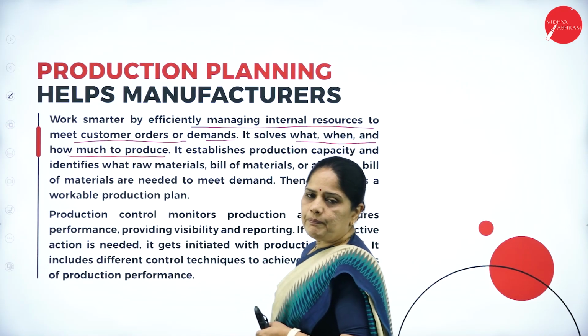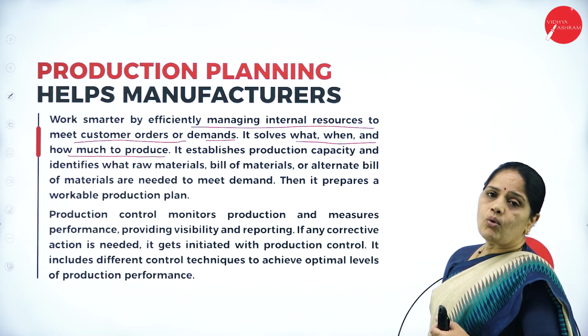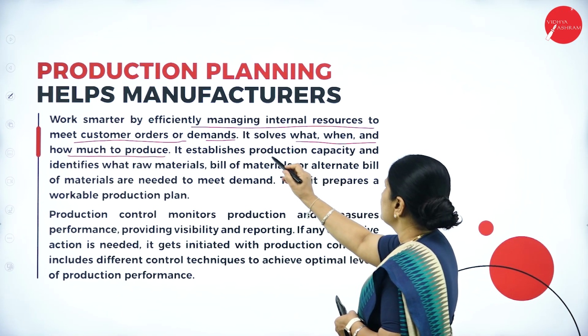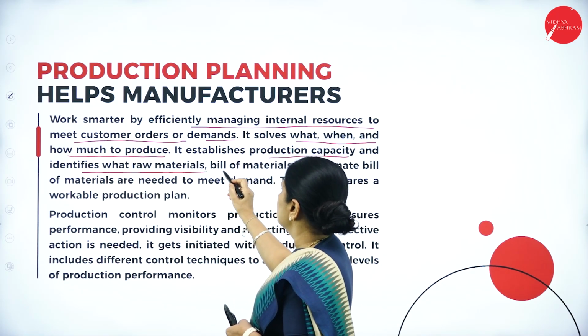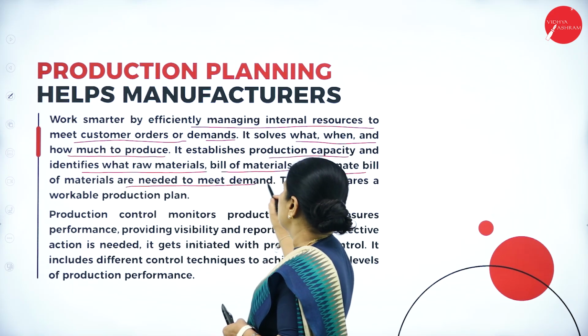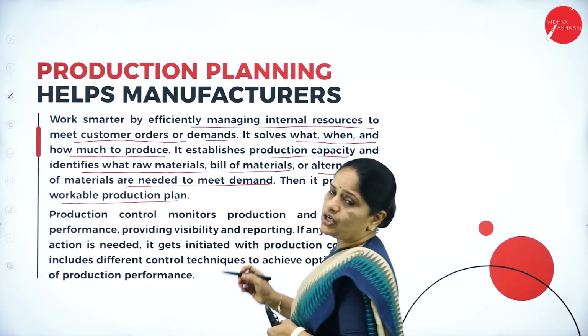So with the help of production planning, we will be able to plan how much to produce, what to produce and when to produce the products. It establishes production capacity and identifies what raw materials, bill of materials or alternate bill of materials are needed to meet the demand. Then it provides a workable production plan.